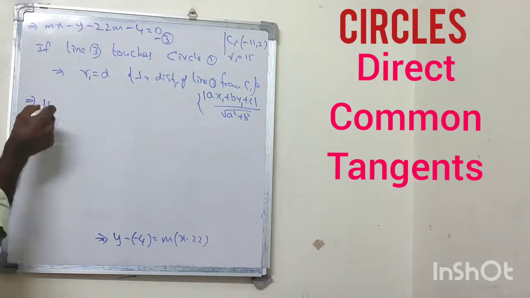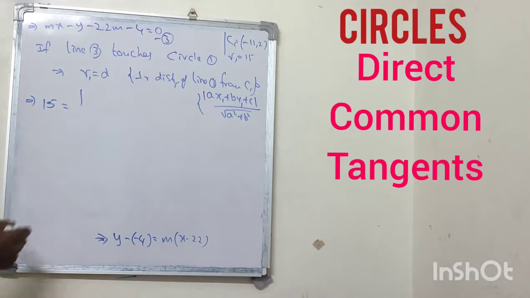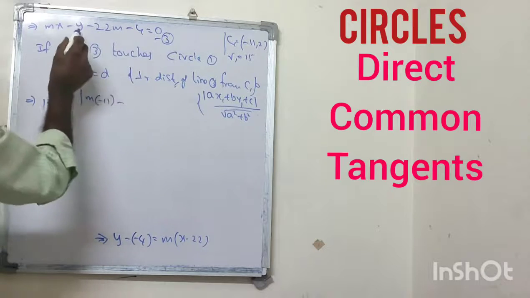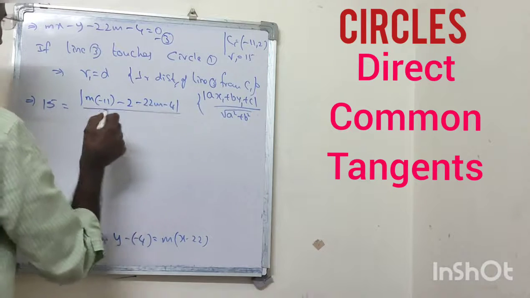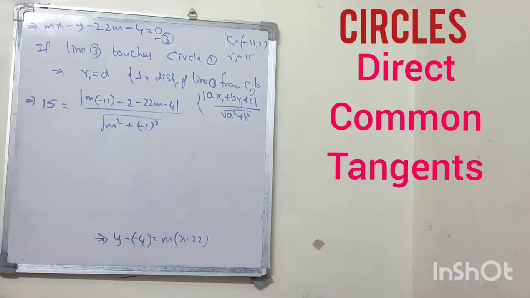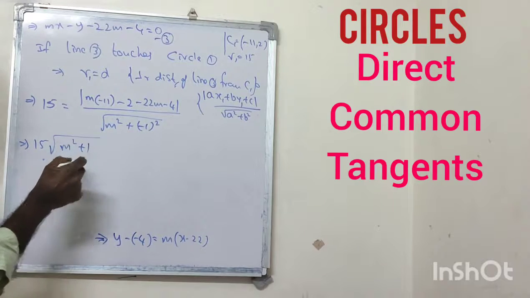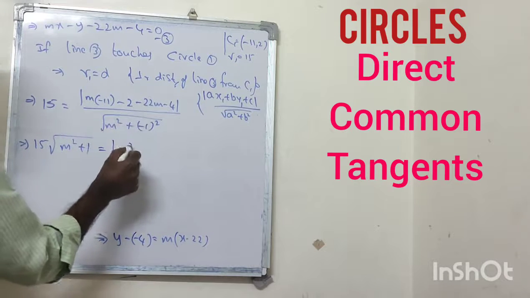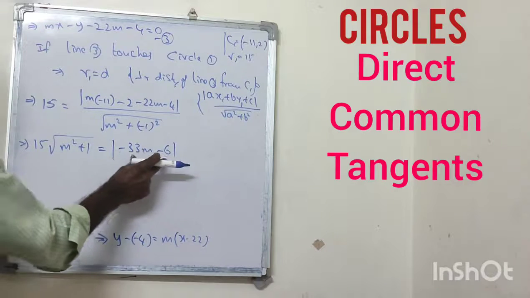So R1 is 15, and D means mod of m into minus 11, 1 into 2, minus 22m minus 4, by root of m square plus minus 1 whole square. Now cross multiply: 15 into root of m square plus 1 equal to minus 11m minus 22m, minus 33m, minus 2 minus 4, minus 6. Now here we can take 3 common.